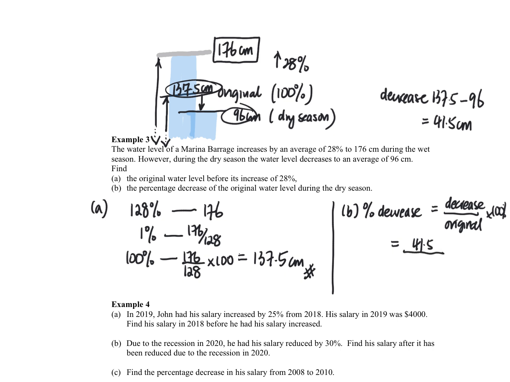The original was 137.5, so over original times 100%. So this formula, don't forget, is always over original. Don't confuse yourself. Is it 96 or 137.5? It's always the original, which is your 100%.